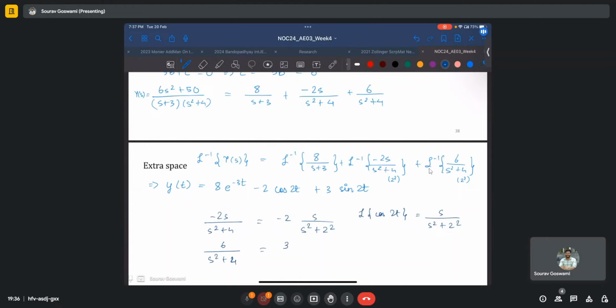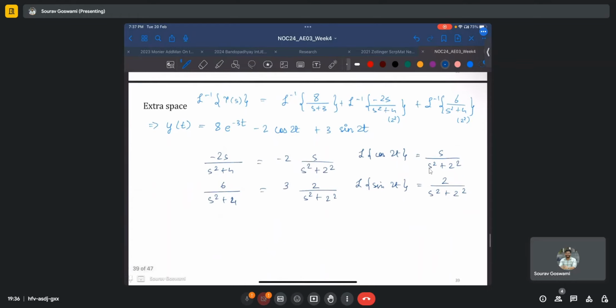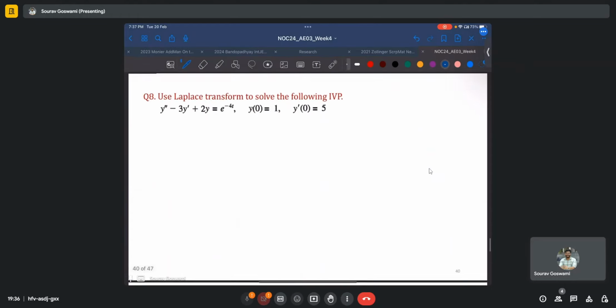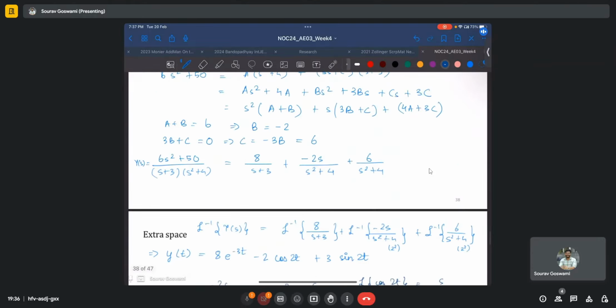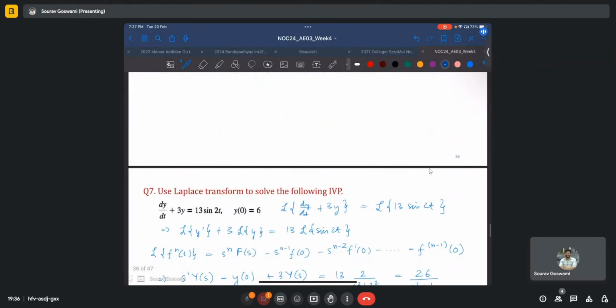So this is the same as 3 times 2 by s square plus 2 square, and the Laplace of sine of 2t is equal to 2 by s square plus 2 square. This is how the functions were mapped. That was a first order linear differential equation.